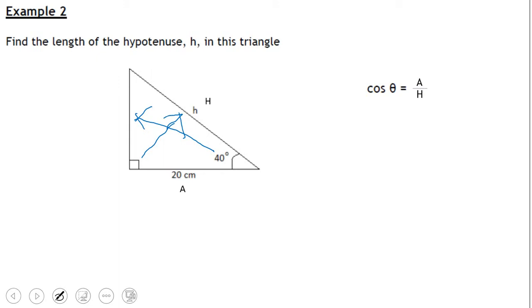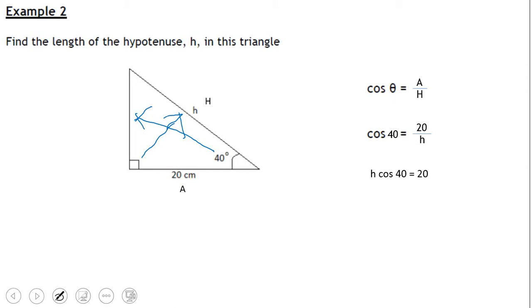Again we need to stick in our values. So cos of 40 degrees equals, our A is 20, our H is little h. So we get cos 40 degrees equals 20 divided by H. Now we have to rearrange this to get H equals. So multiplying both sides by H, we get H cos 40 is equal to 20.